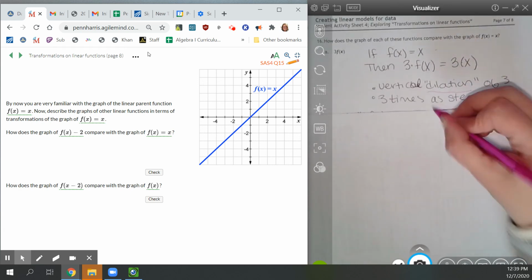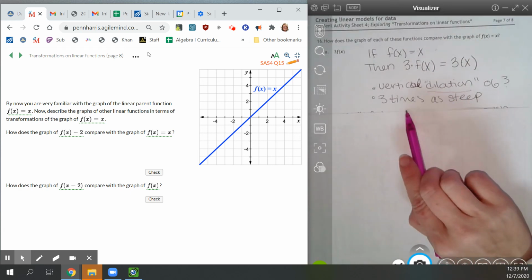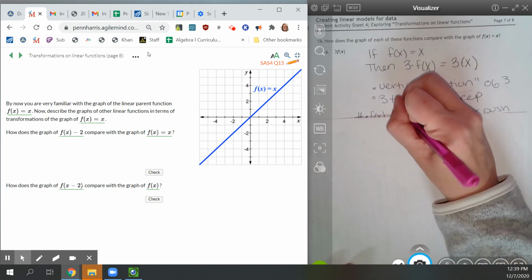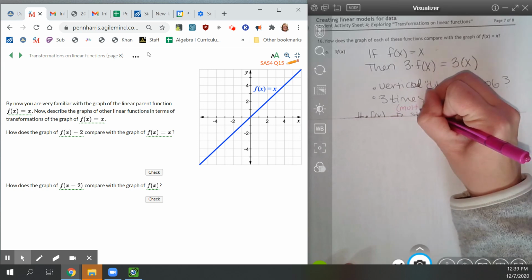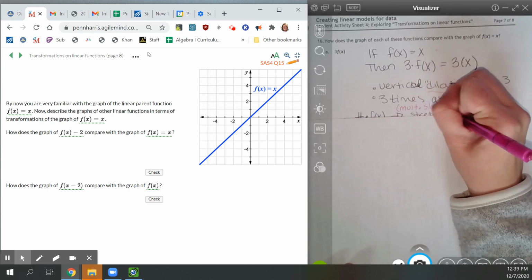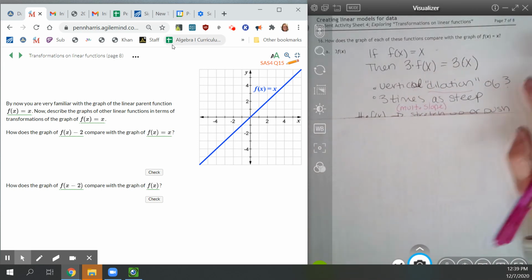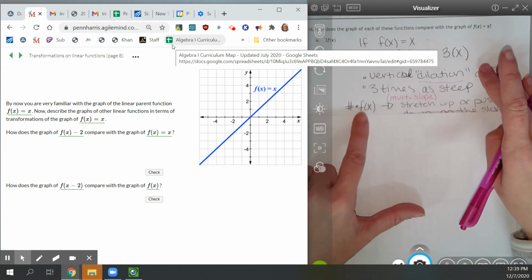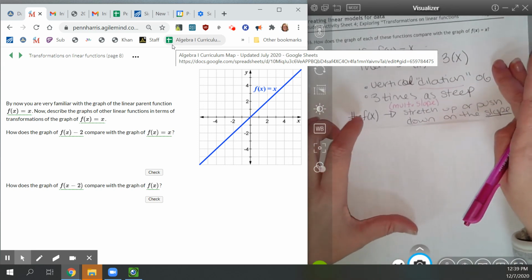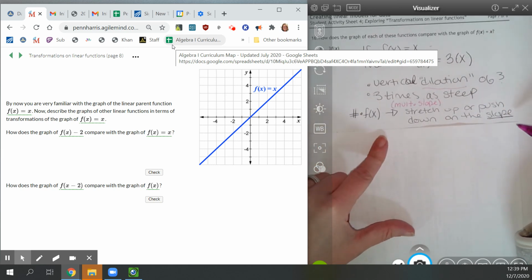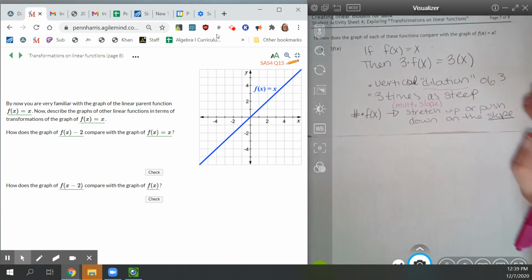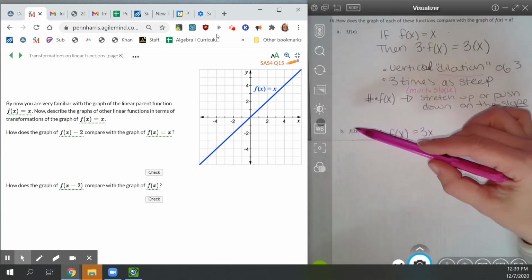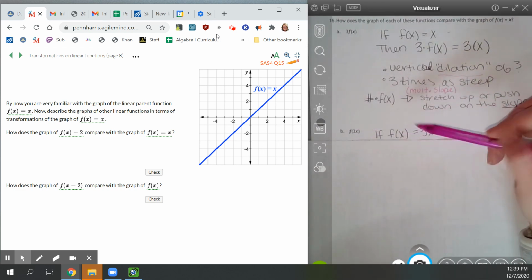The slope is going to be 3 times as steep. If you want to make a note here, it multiplies the slope. Again, a number times the f of x means that we are going to stretch up or push down the slope.